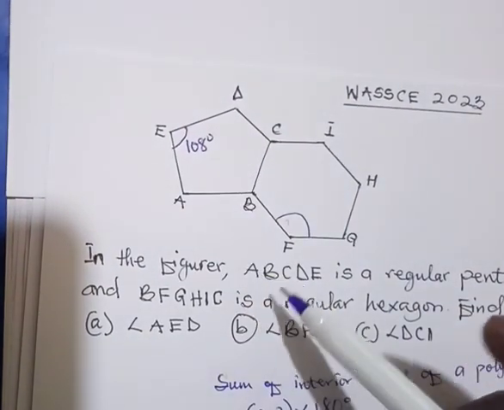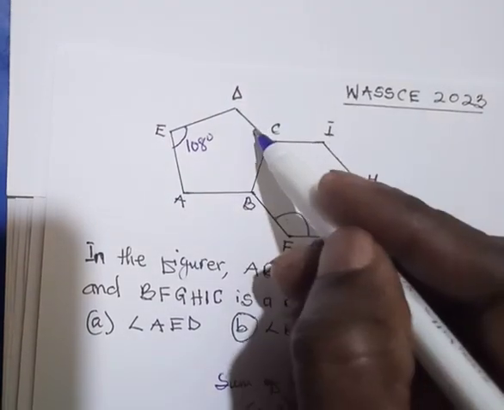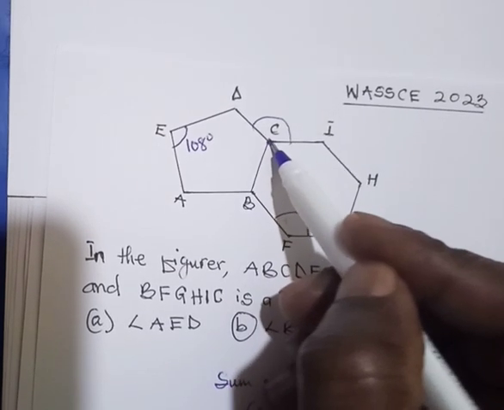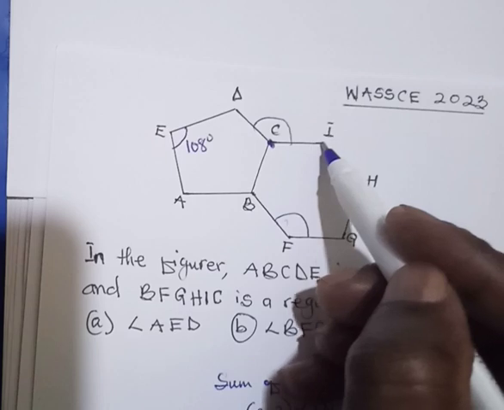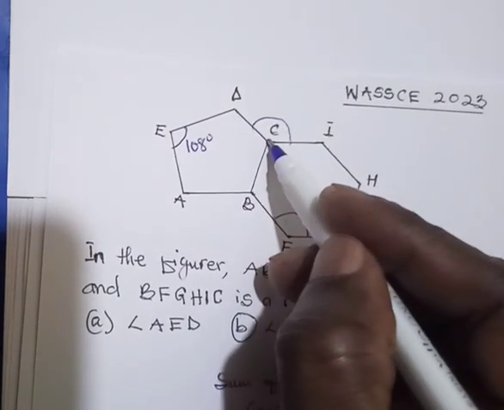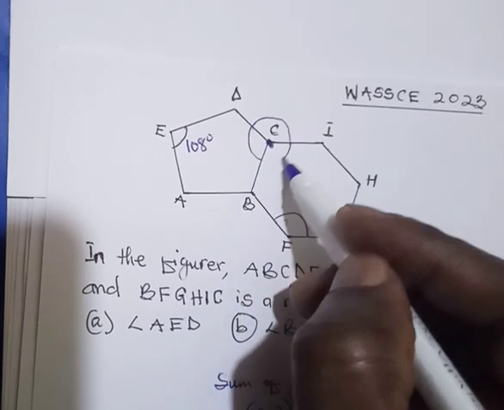So we have DCI. We are looking at this particular angle. But looking at this point, you could see that there's one line here, another line here, joining here, and another line. So angles meeting at a point. So we can talk of this angle and this angle.